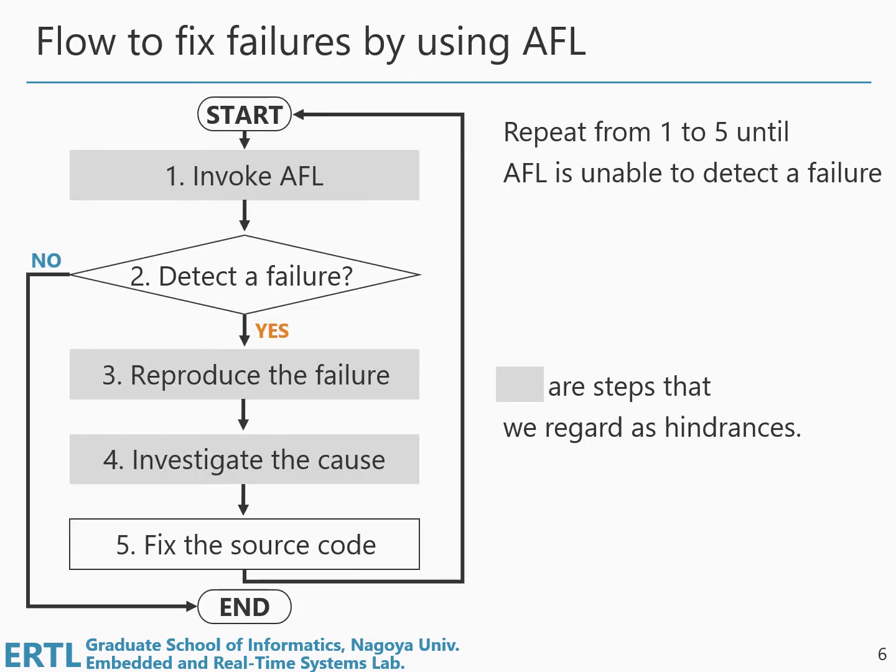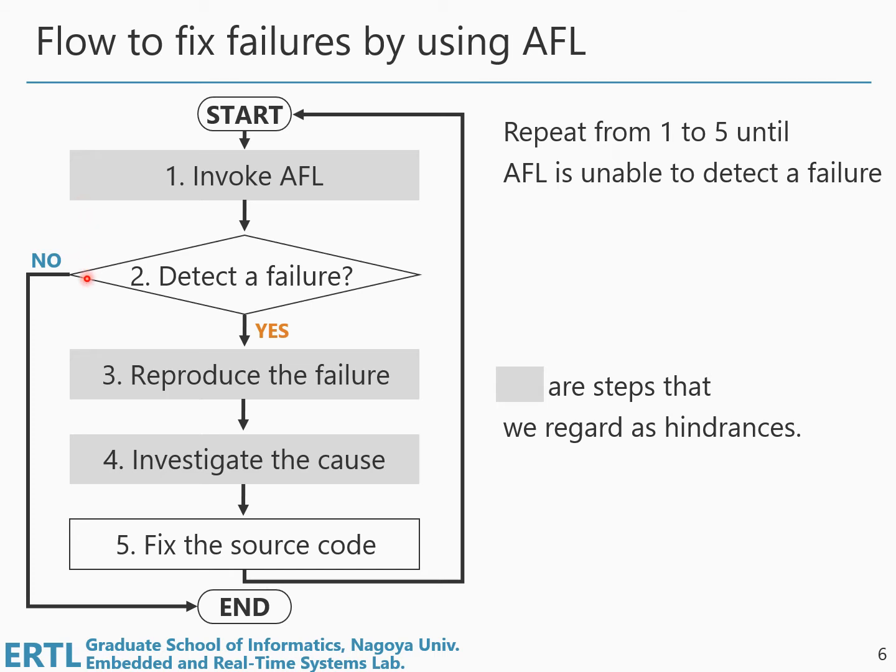Now, let's move on to talking about the hindrances to novices using AFL. This figure shows a flow where a user fixes failures by using AFL. The flow comprises 5 steps. Firstly, the user invokes AFL and starts fuzzing.